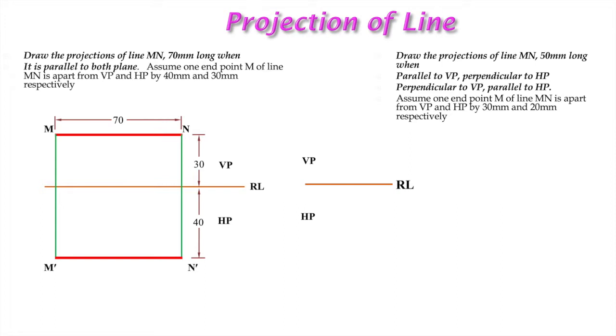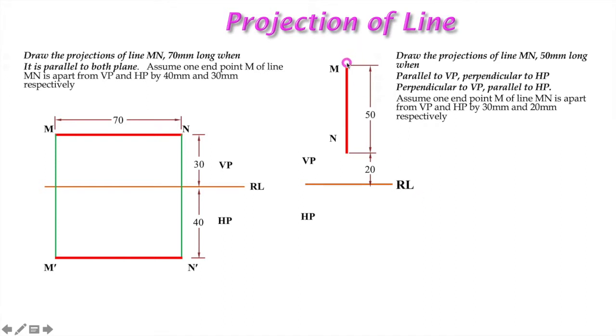So we'll start with the front view. Draw the front view. The distances given are 20 mm and 30 mm. So in the front view it is a vertical line at a distance of 20. Now from M and N draw the projection lines. A projection line is always perpendicular to the reference line.